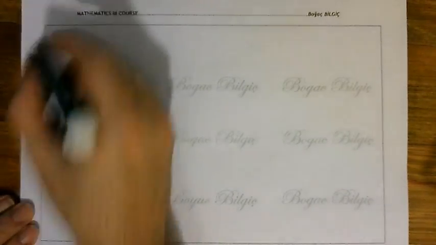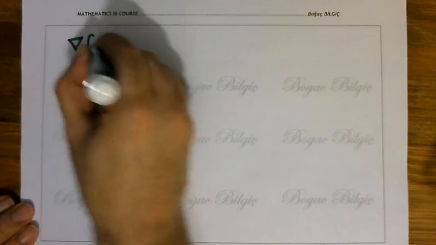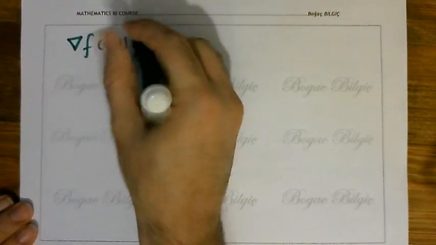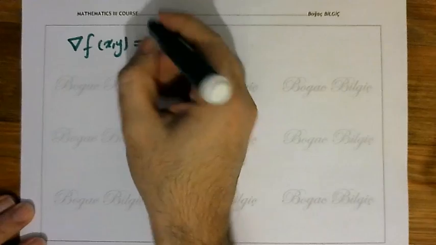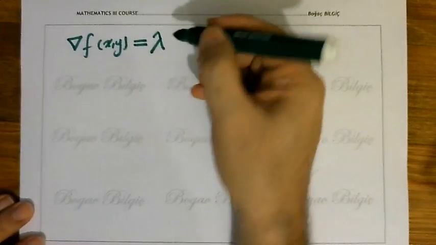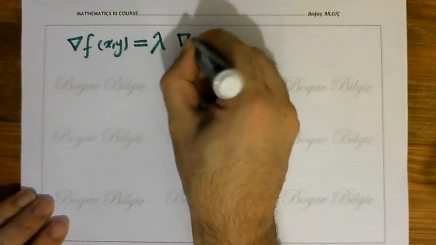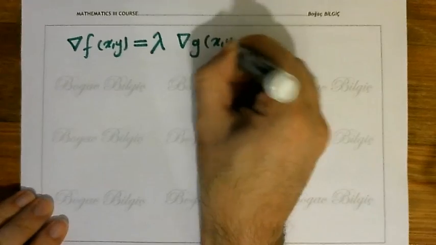According to the theorem, grad f(x, y) is equal to lambda grad g(x, y).